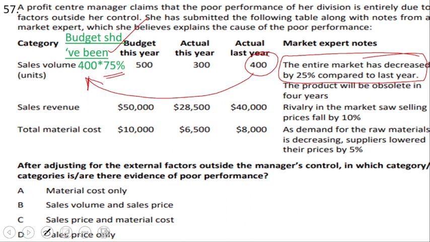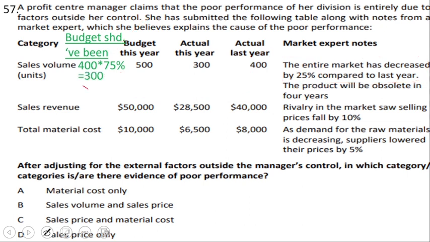Why 75%? Because they have said that the drop in the market is 25%. So the budget should have been 300 units. So this is an unrealistic budget. And as far as the actuals are concerned, they have actually achieved 300 units. We will put a tick mark against the sales volume actuals in units indicating that there is no bad performance.